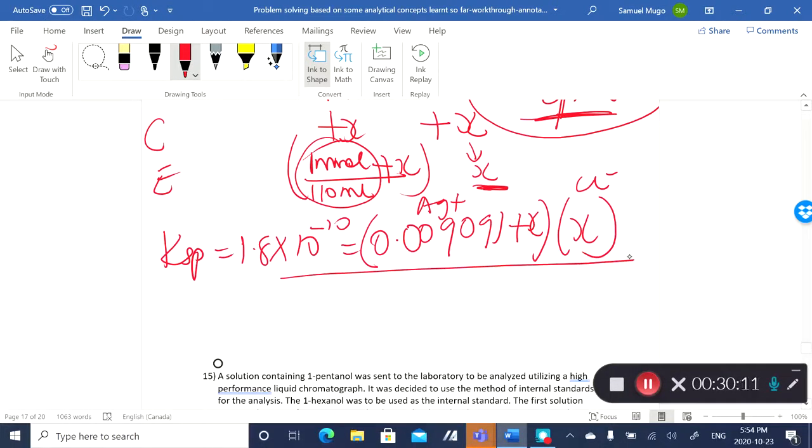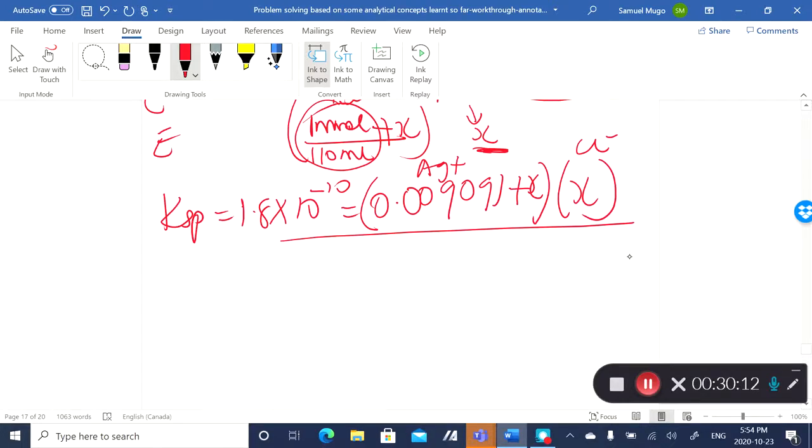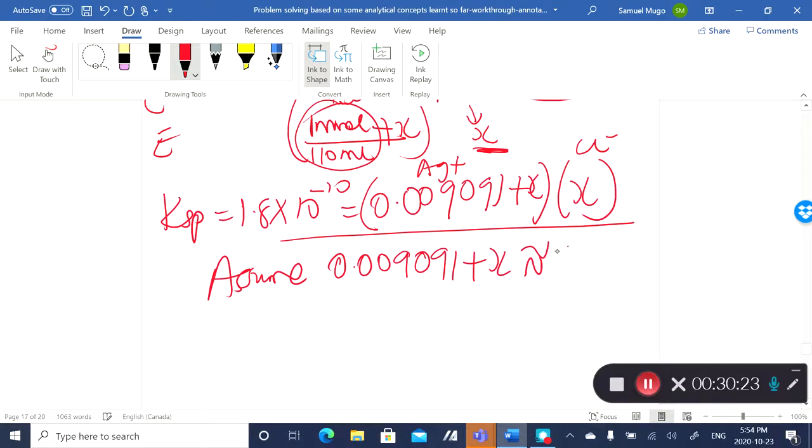Of course, we know it's going to end up being a quadratic equation, but I can assume that 0.09091 plus x is approximately equal to 0.09091. The reason we are assuming that is because the dissociation is very insignificant, okay?